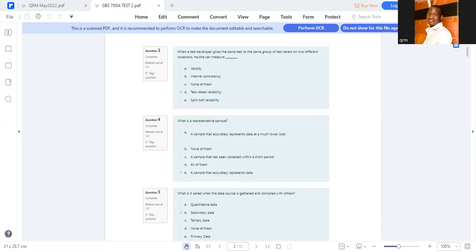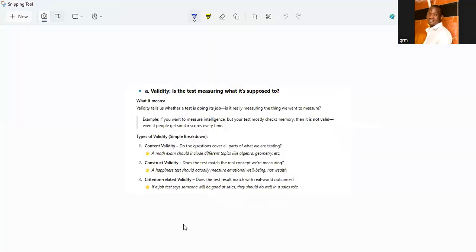What does validity do? Let's go to our notes. I sent you those notes some time back. For those who are new, we talked about validity as being what? Telling us whether the test is doing its job, what it's meant to do.